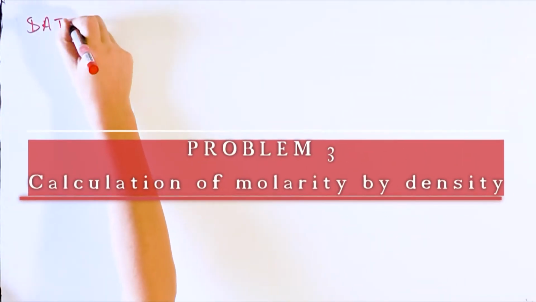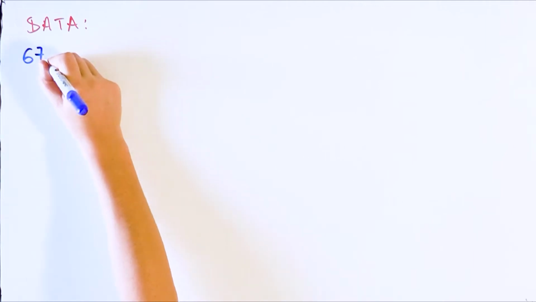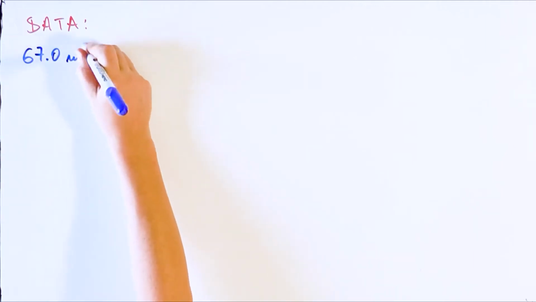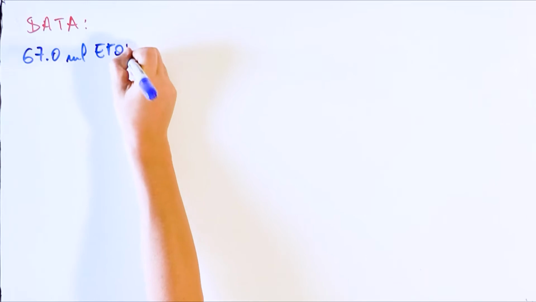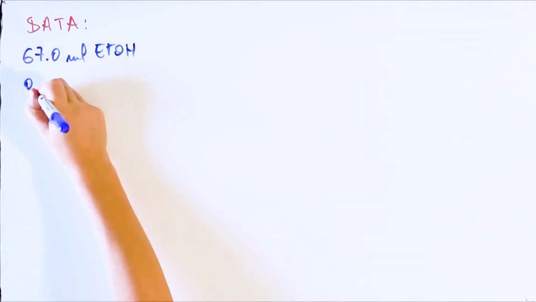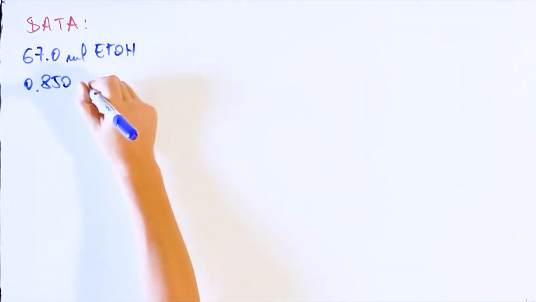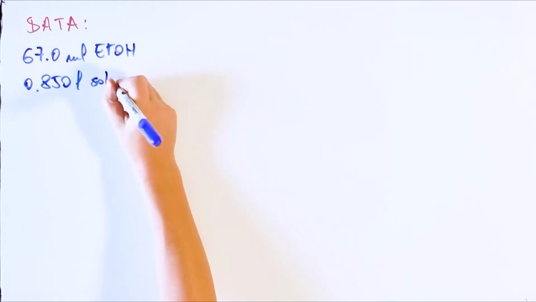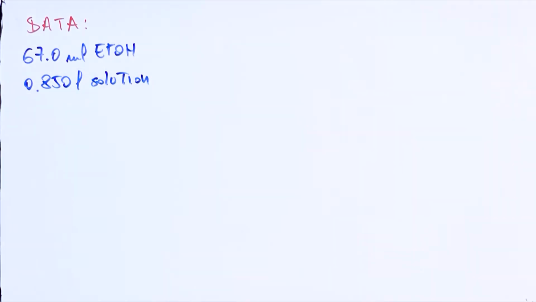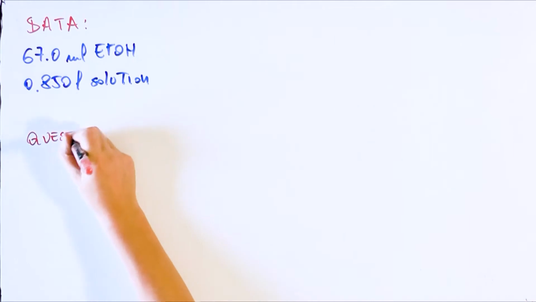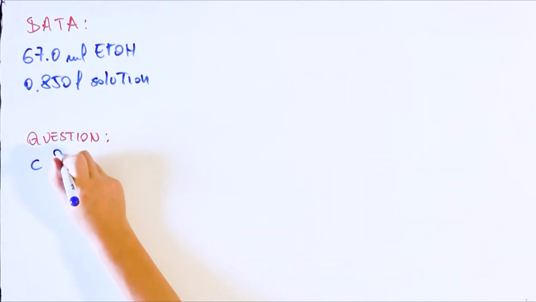Let's see the data. We have a solution which is made by 67 milliliter of ethanol in 0.850 liter of solution. The question is, what is the molarity of this solution?